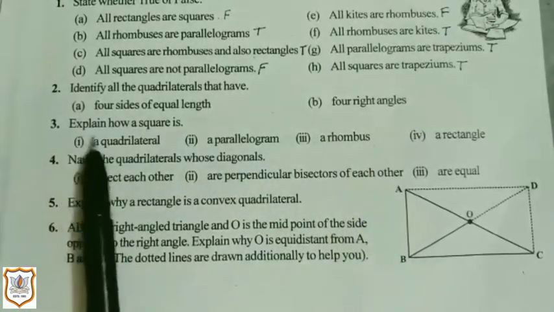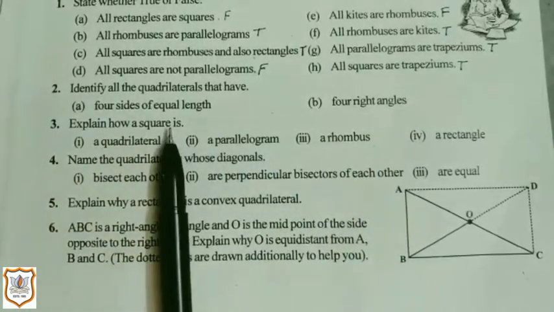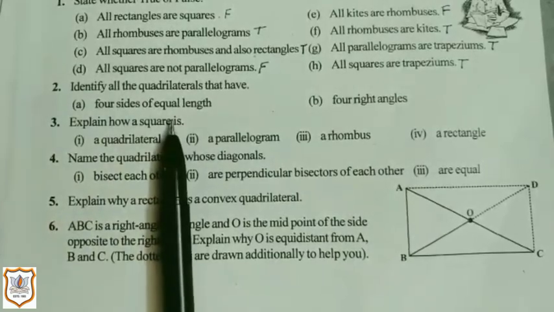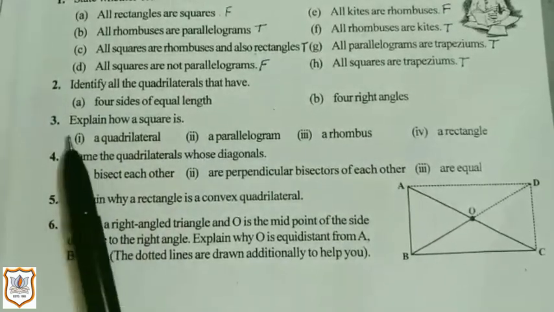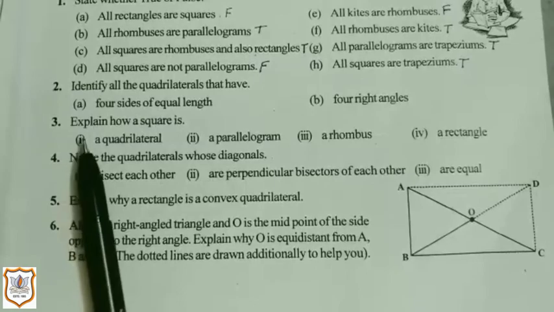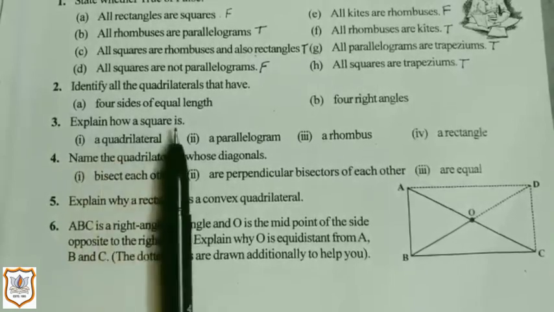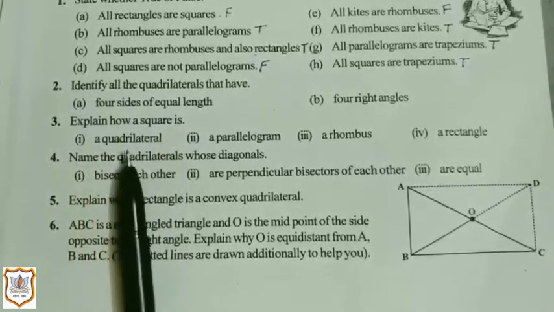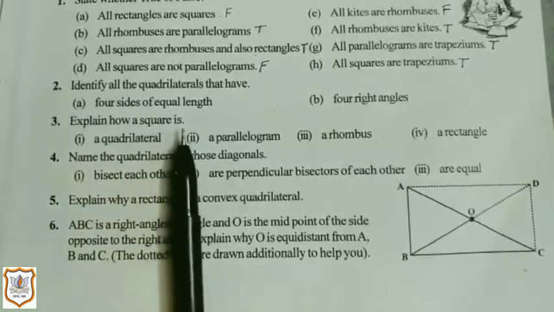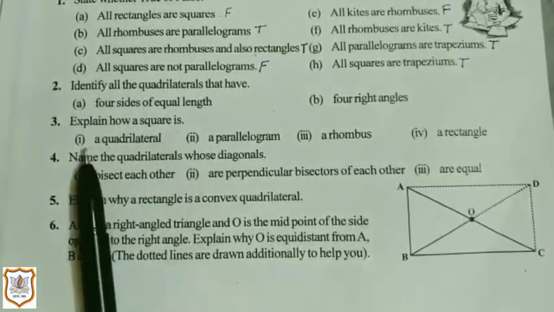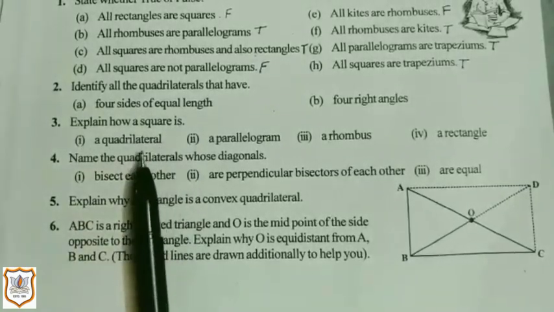Next, explain how a square is a quadrilateral. So students, in this question I have to explain how a square is a quadrilateral. A square has 4 sides, so it is a quadrilateral.